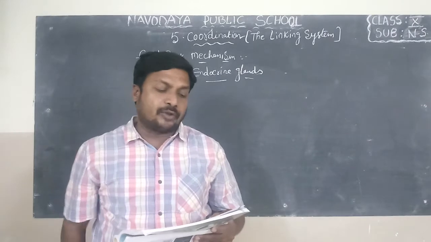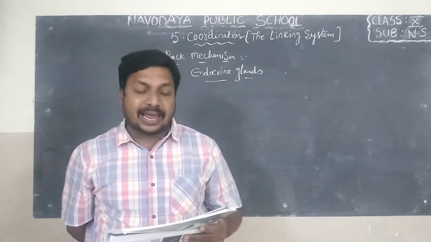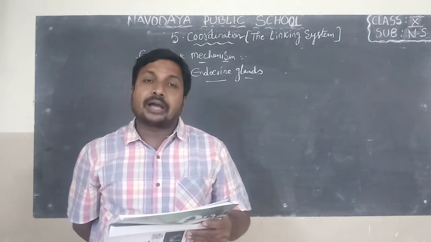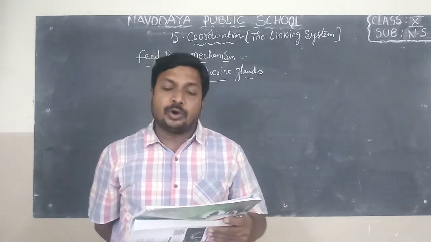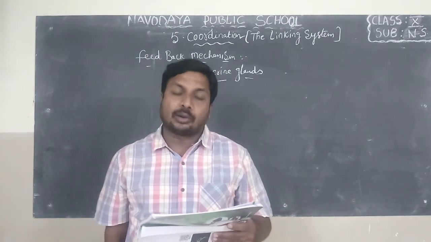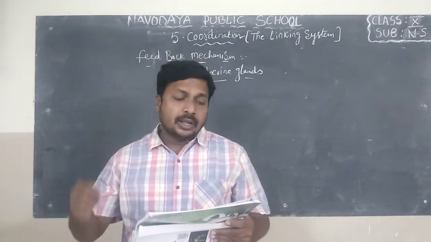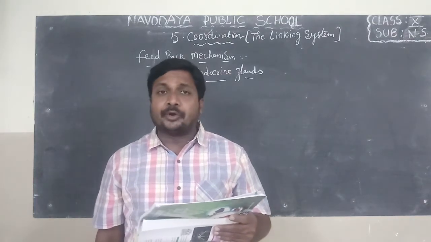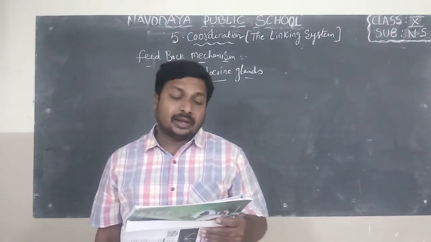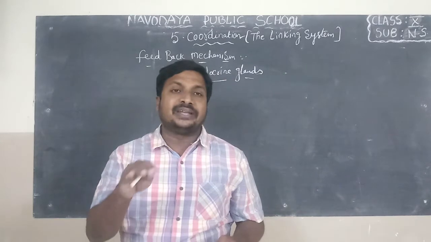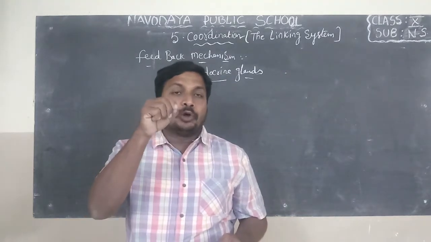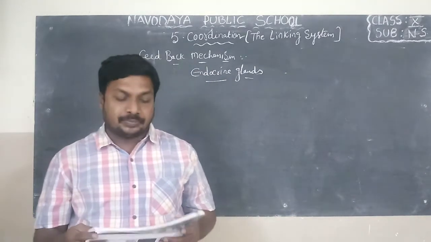Here, if you observe, we can find the name of the gland, location, hormone secreted, and response of the body to the hormone. Name of the gland: pituitary gland. It is present at the floor of the brain, that means below the brain near the hypothalamus.